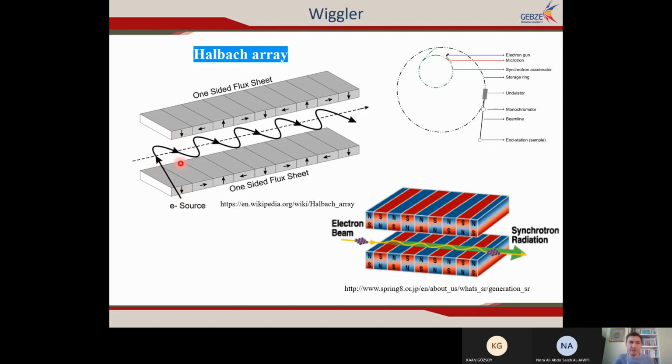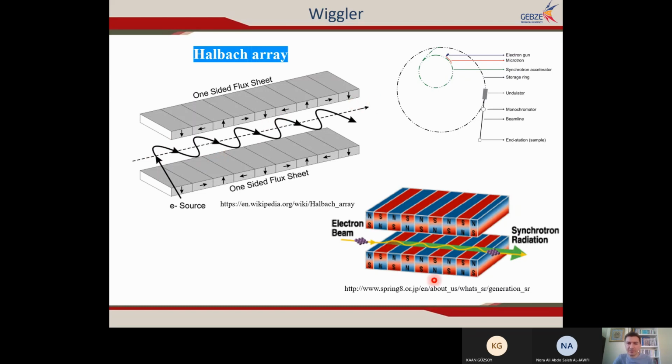But what do you see here? The direction of the magnetic field within the Halbach array is changing, okay? So the electron has this type of movement, like a snake. For each accelerated behavior, the electron emits electromagnetic radiation, X-ray, in the forward direction, okay?